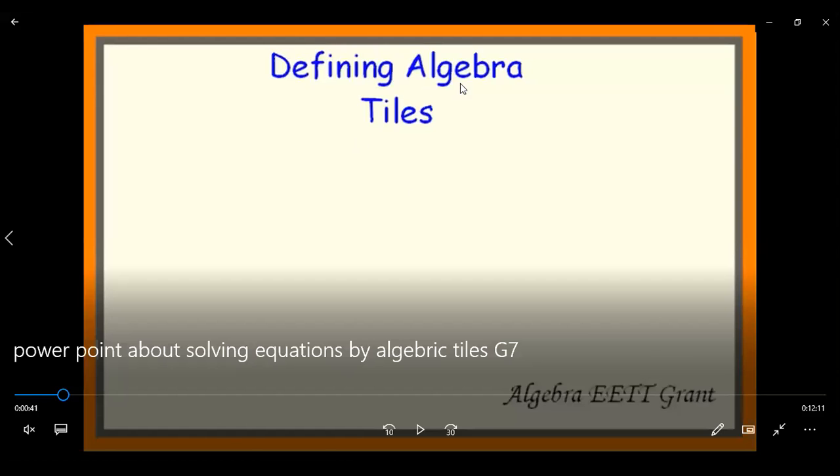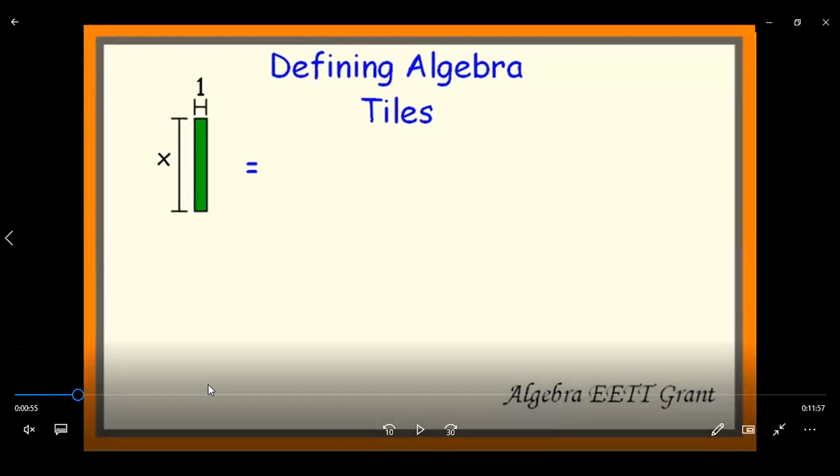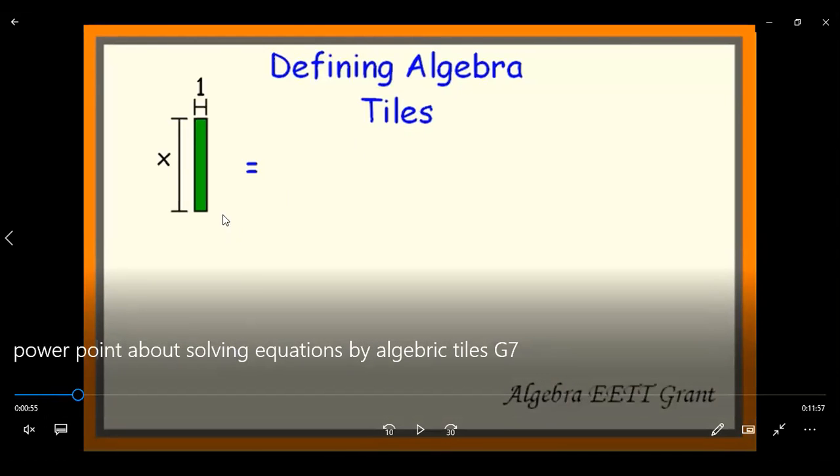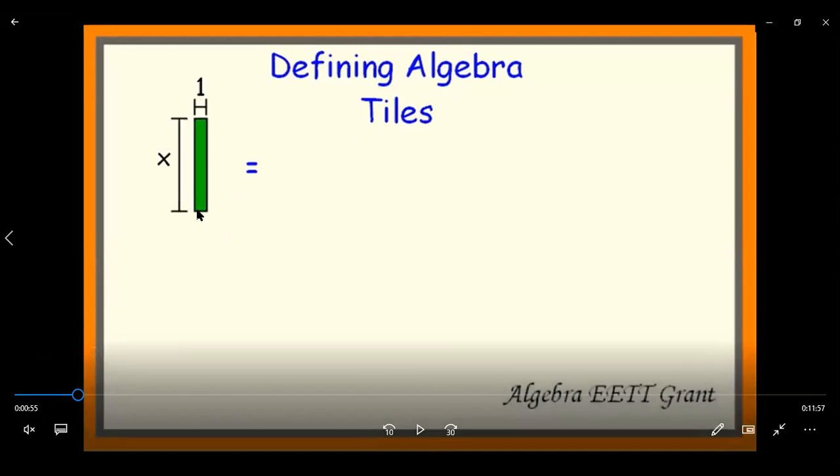So, the definition of algebraic tiles at the beginning. We have to know that with algebraic tiles, we use symbols to express the equation. For example, a large rectangle like this means the variable, which is x.